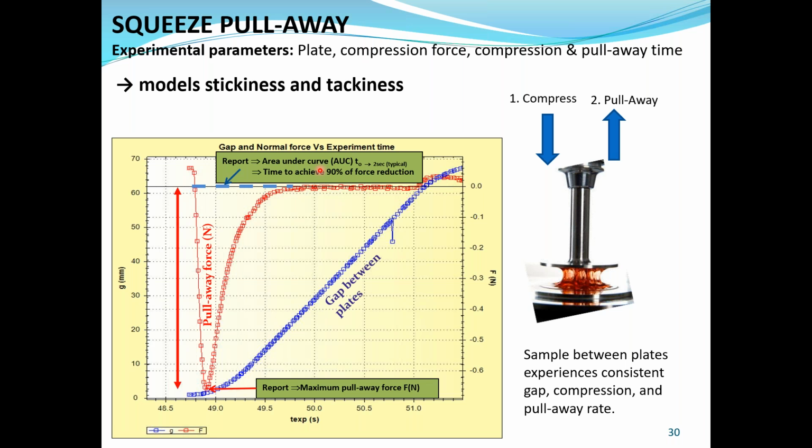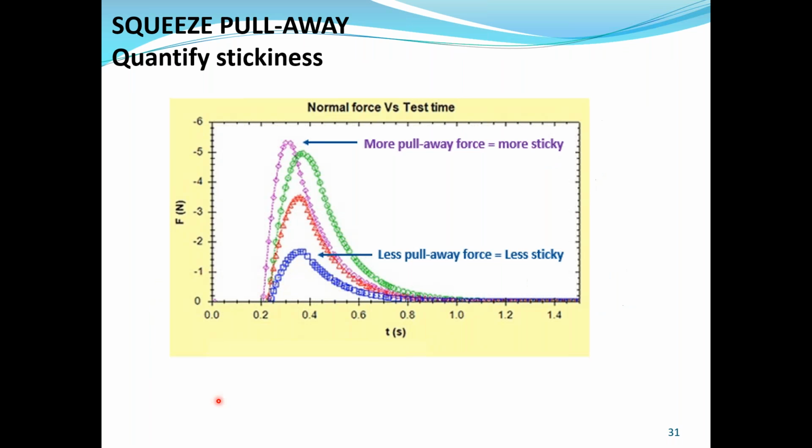And the three outputs from this kind of study are: you can quantitate the area under the curve, usually after about 2 seconds, unless it's a very stringy type material. You can also report the time to achieve a 90% force reduction. So basically, you're truncating the curve at this point, and you're now looking at this tail portion. And also you report the maximum force that was required to pull it away.